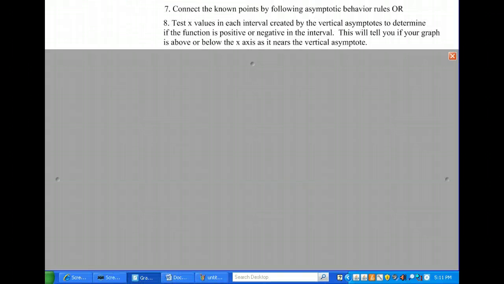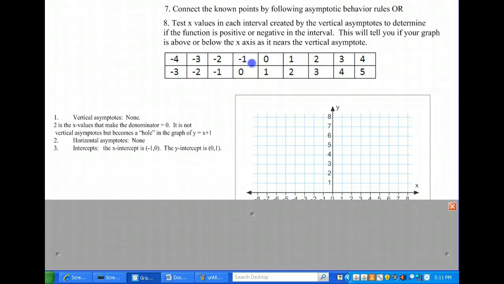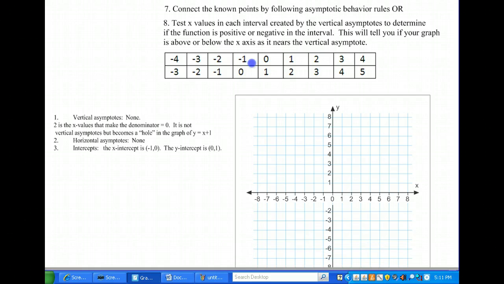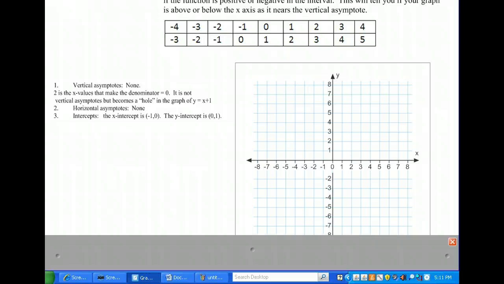Our next step is to put a bunch of values into a table and to try to graph the function. Before we can do that, we should look at some of the other things that we have discovered. First of all, we know there are no vertical asymptotes. We know that there is a hole at x equal to 2.